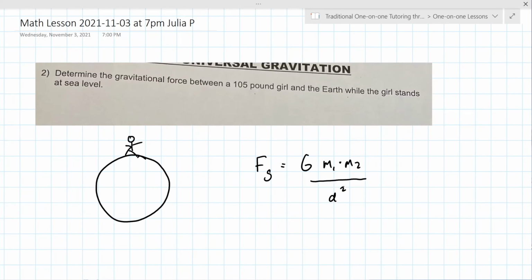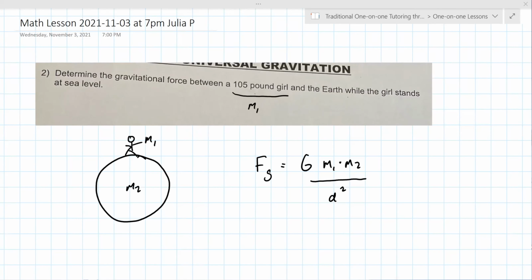Yes. Okay. Now the mass of the girl is 105 pounds. That's m1 or m2, it doesn't matter, but we'll call it m2. So now we need the mass of the Earth in pounds as well. It might be good to convert this to kilograms. I see your second problem is already in kilograms.